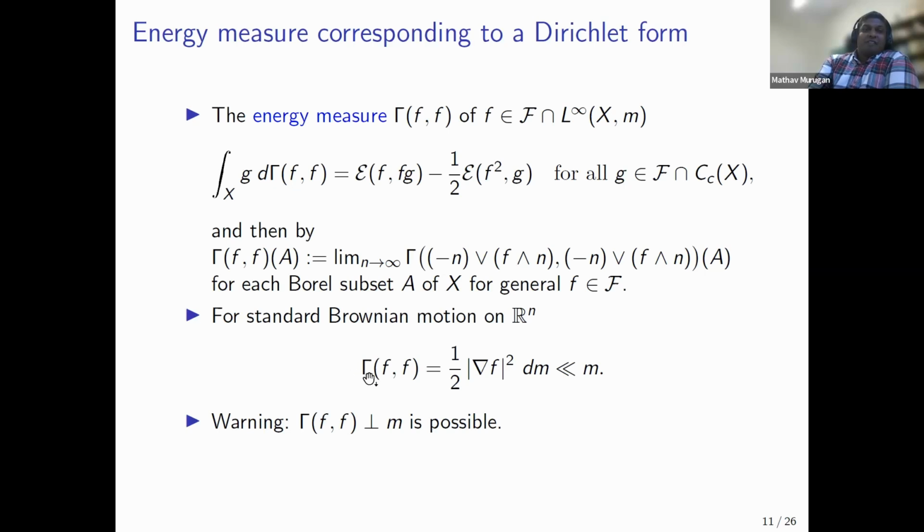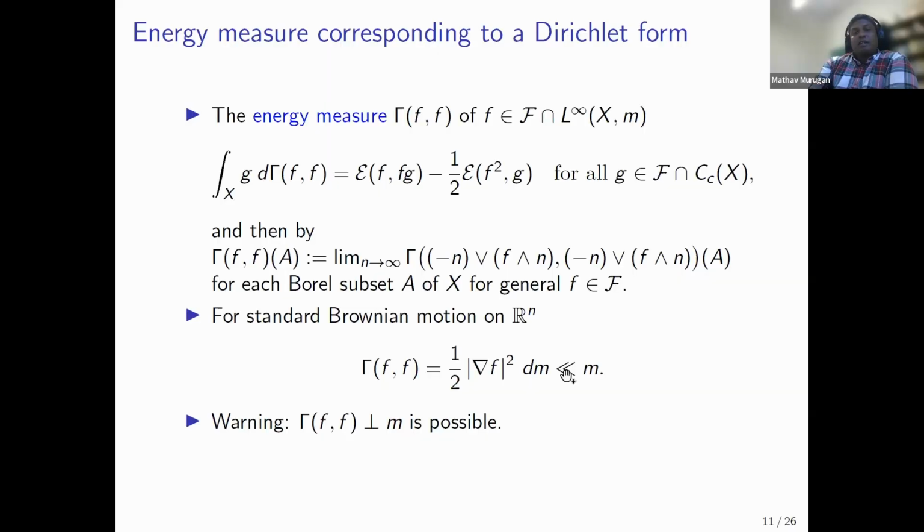One sees that this energy measure is simply the Lebesgue measure times the norm of the distributional gradient squared. So in this class, what happens is that this energy measure is absolutely continuous with respect to the symmetric measure for the semigroup. But I would like to warn you that it's possible that these energy measures can be singular. We will see examples like that later in this talk.